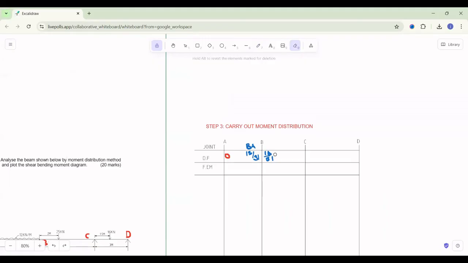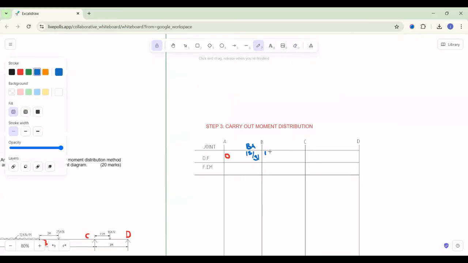Let me do this properly. This will be 2 all over 31. Again, this will be 4 all over 9, and this one is 5 all over 9.